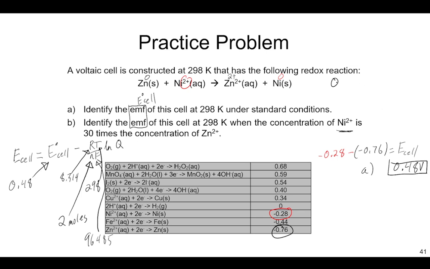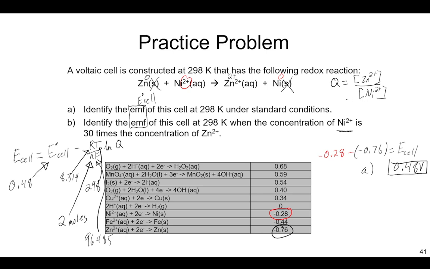Q represents products over reactants, right? So the concentration of zinc 2 plus over the concentration of nickel 2 plus. Remember, we don't care about solid things in our Q or K designations, so it's just aqueous product over aqueous reactants raised to their powers, but their powers are 1, so it's just zinc 2 plus over nickel 2 plus.